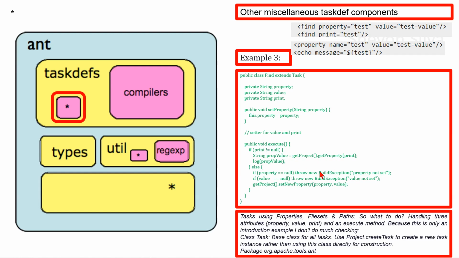Setting a property is not really difficult, but there is more than one setter. You can use the setProperty method, which will do the job as expected. But there is a golden rule in Ant: properties are immutable, and this method sets the property to the specific value, whether it had a value before or not.